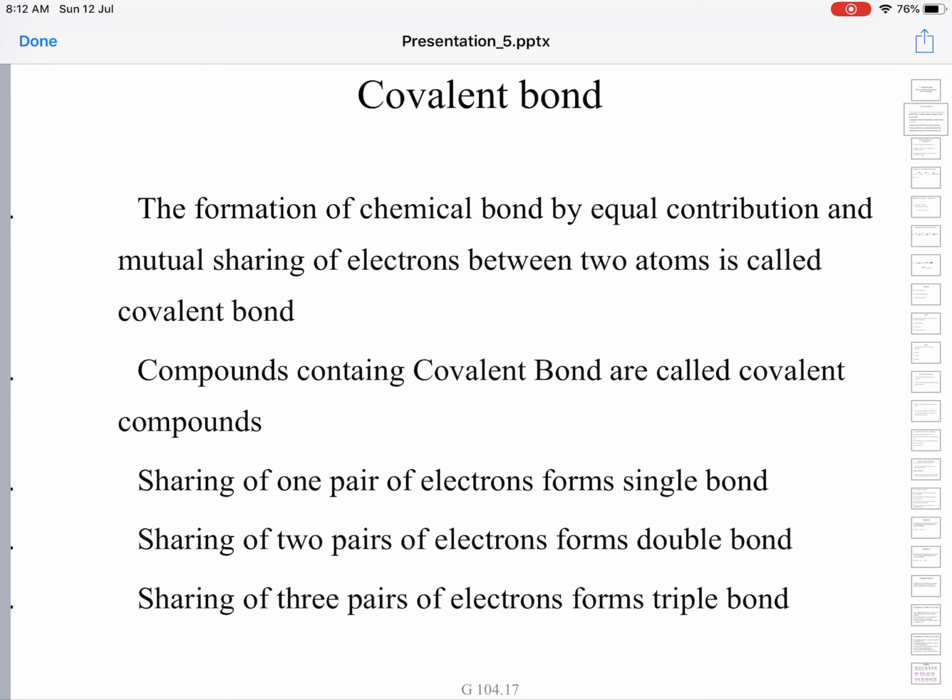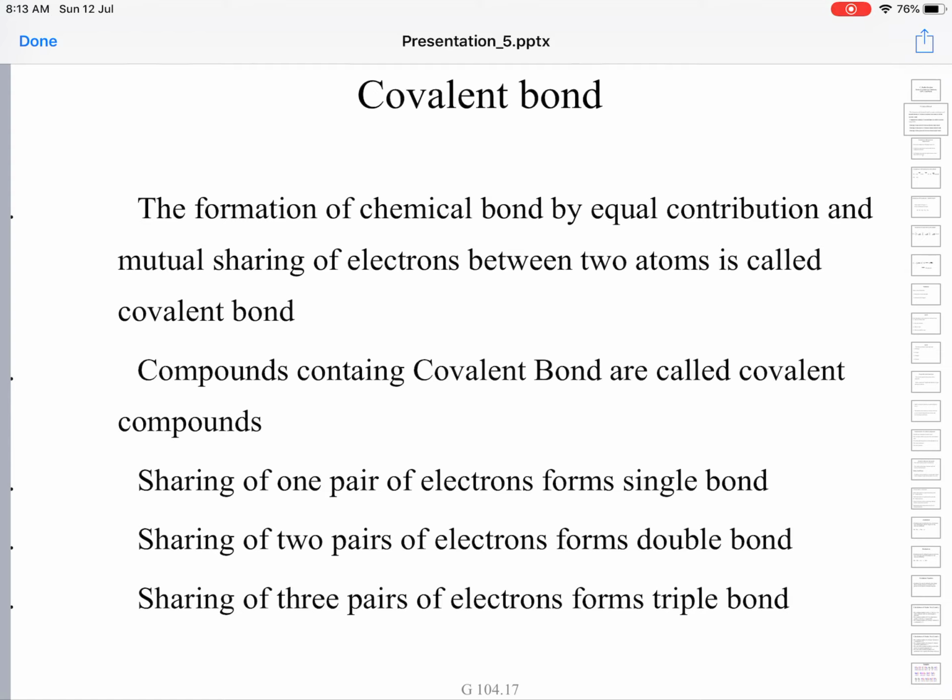So, the covalent bond comes into existence by the sharing of electrons between the atoms concerned. Compounds containing covalent bonds are called covalent compounds. In the last class we have seen that compounds formed by ionic bond are called ionic compounds.